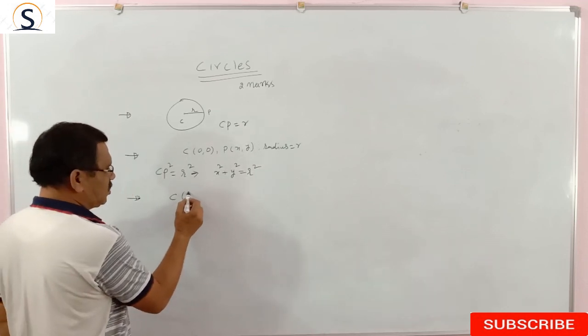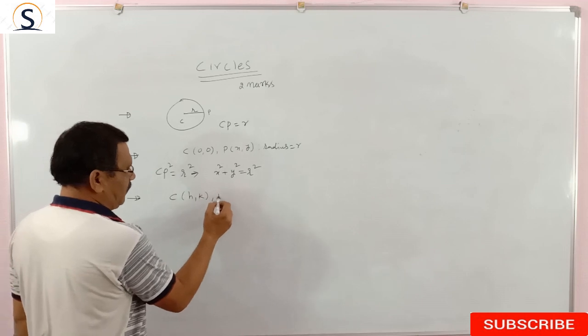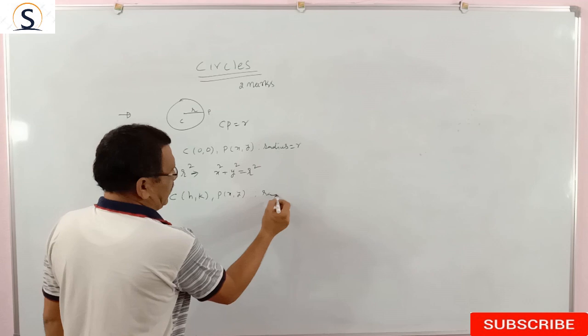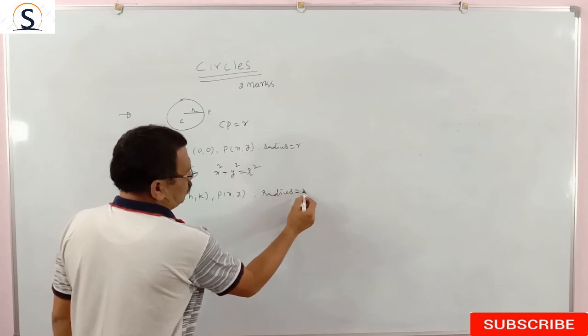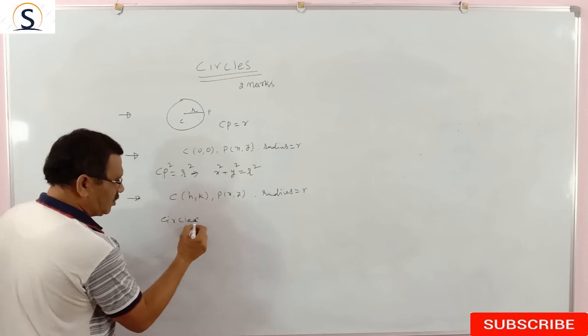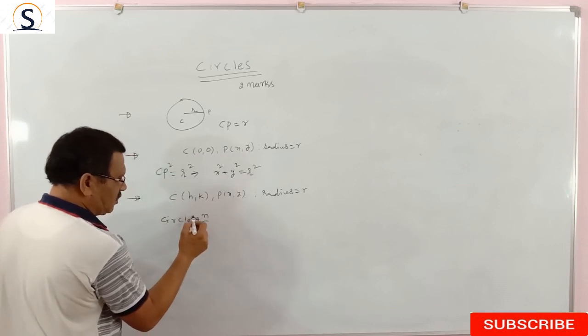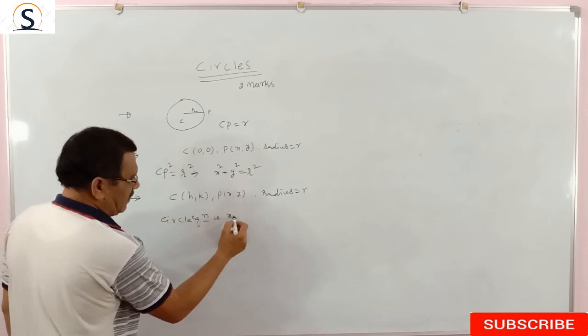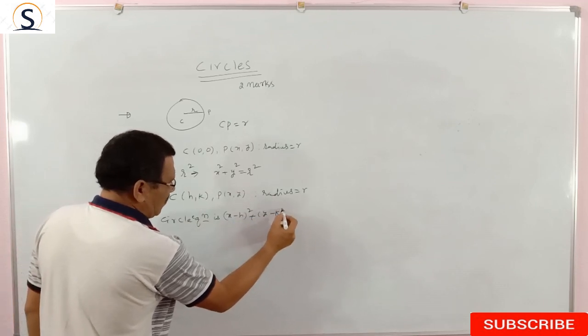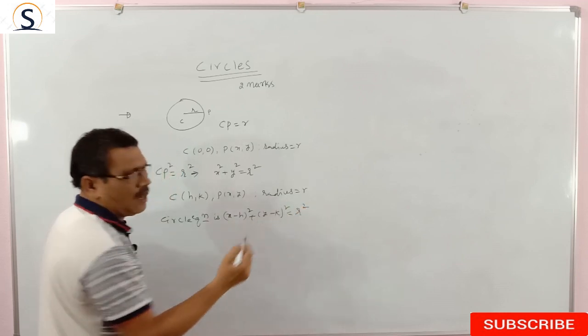Next, I'll take another point. Let us see, center (h, k), point P (x, y) and radius equal to small r. Then the circle equation is (x minus h) whole square plus (y minus k) whole square is equal to r square.